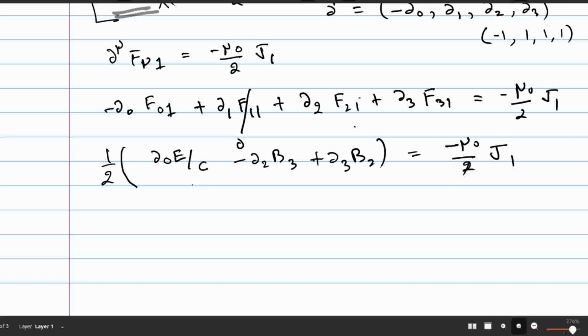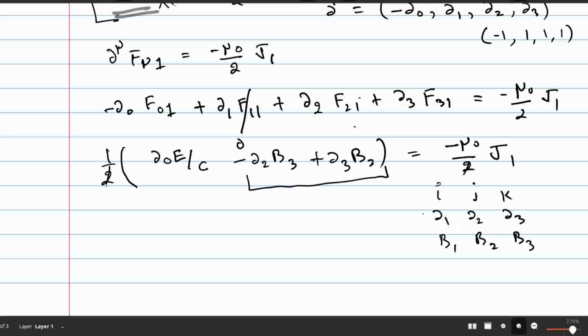2 cancels with 2 here, and this thing here can be written in terms of curl of B: i j k, del 1 del 2 del 3, B1 B2 B3. So in terms of curl of B, this thing is del 2 B3 minus del 3 B2.